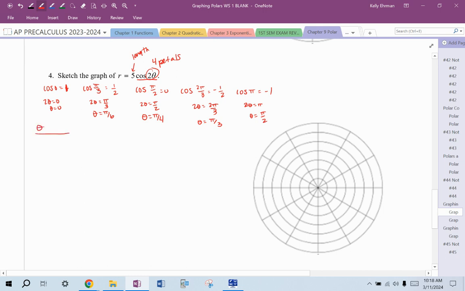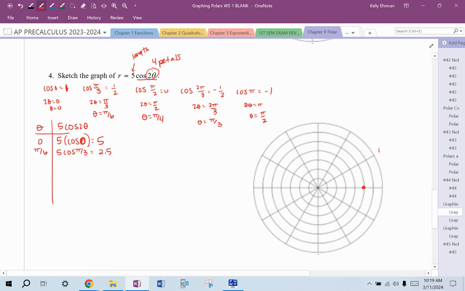Okay, so theta into 5 cosine 2 theta. When you plug in 0, you get 5 times the cosine of 0, which is 5 times 1. So 1, 2, 3, 4, 5 right here. When you plug in pi over 6, you get 5 times the cosine of pi over 3, because it's 2 times pi over 6. 5 times 1/2 is 2.5.